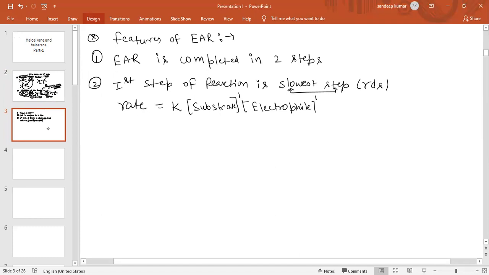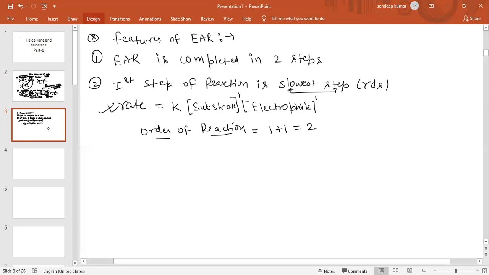Now the order of reaction: we can write it by using the rate law. It is substrate raised to the power 1 and electrophile raised to the power 1, so the order of reaction is 1 plus 1, therefore it is 2.